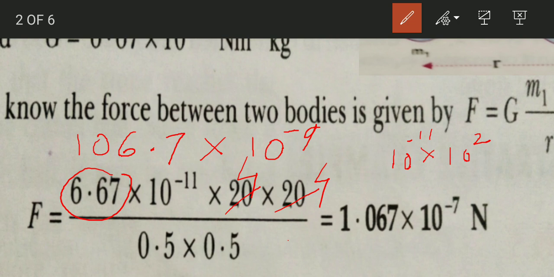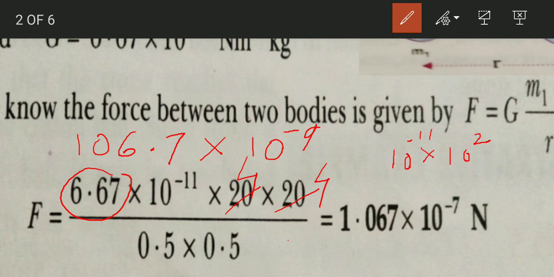Scientific notation is used in calculations to make it easy for us to write very large numbers as smaller ones, and very small numbers in a comfortable, convenient way. So we have to change it into scientific notation. How can we change it? We will shift this.